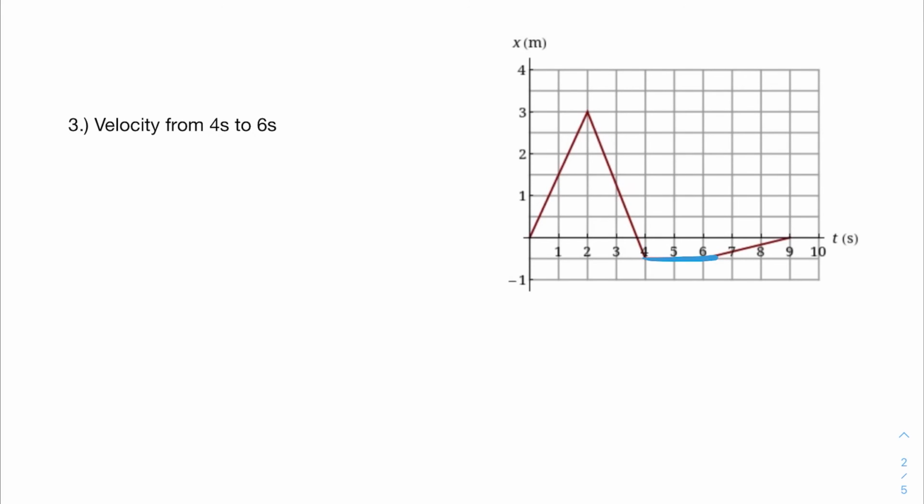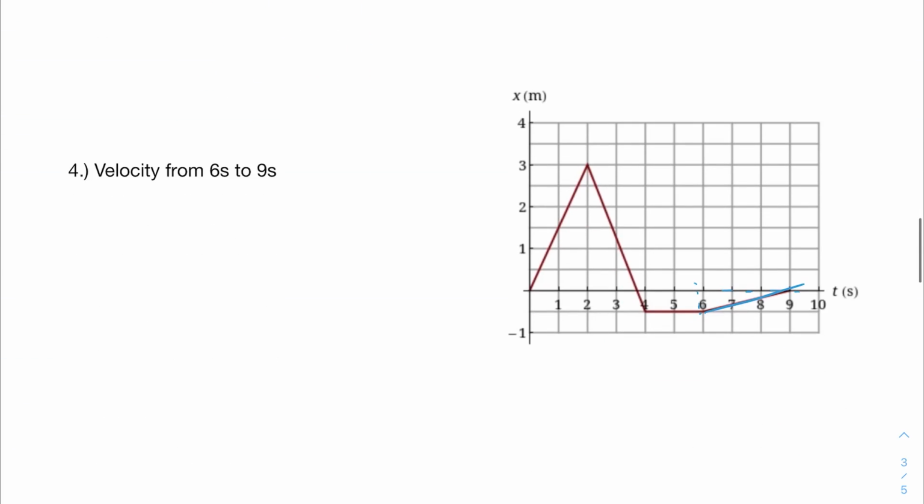As you can see, it doesn't rise anything, so you could say 0 meters. And then it's up to you whether you decide to run negative 2 or positive. It doesn't really matter, because when 0 is over any number, in this case let's say 2 seconds, it will equal 0 meters per second, regardless if it's a negative number or a positive number. That is our velocity from 4 seconds to 6.